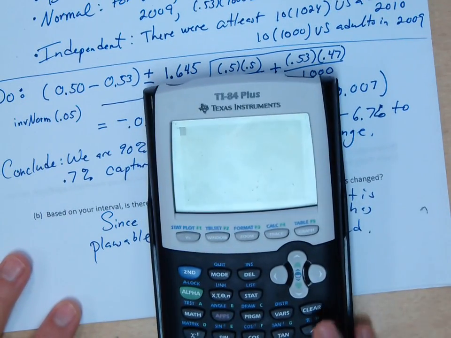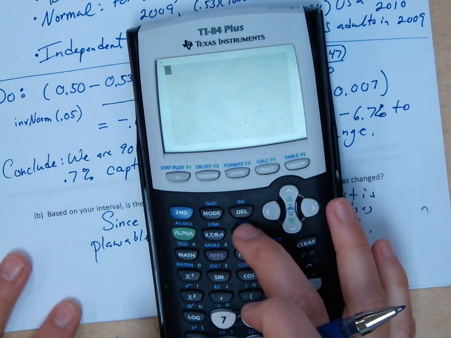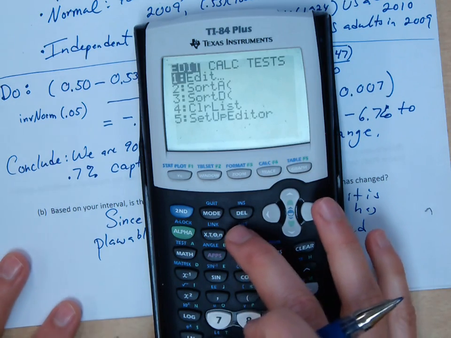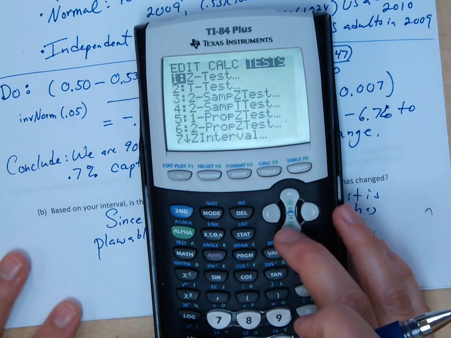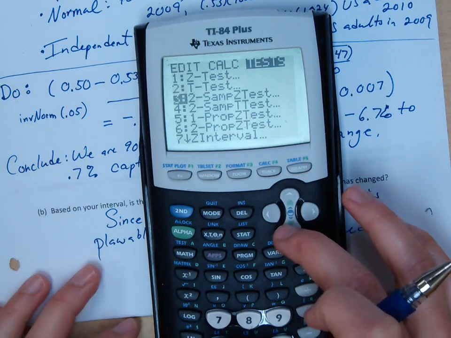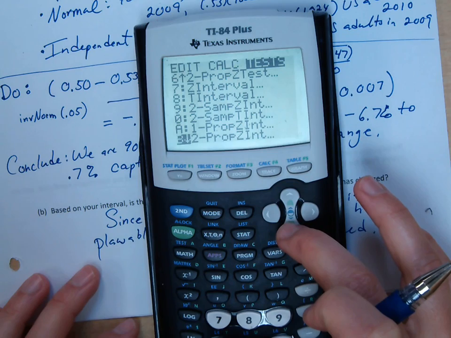So let's turn on your calculator, go to stat, and then scroll over to tests. And all of the tests and intervals are under tests, even though it says tests. So we want to go to 2prop z int. So you scroll down to 2 proportion z int.